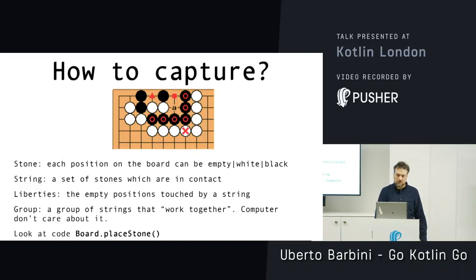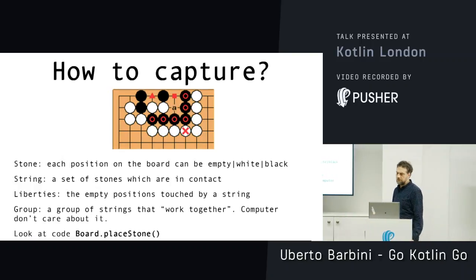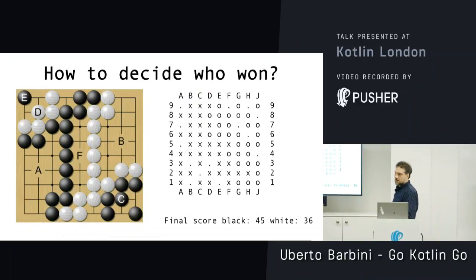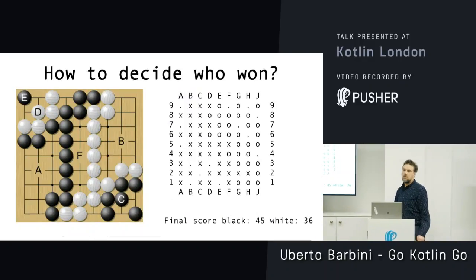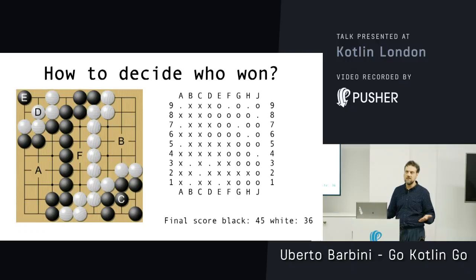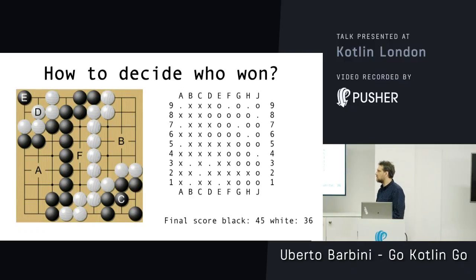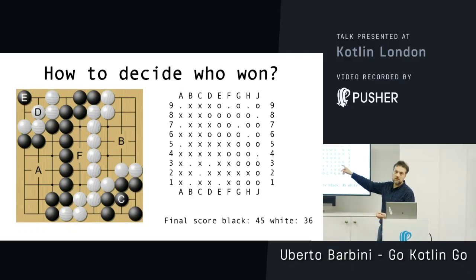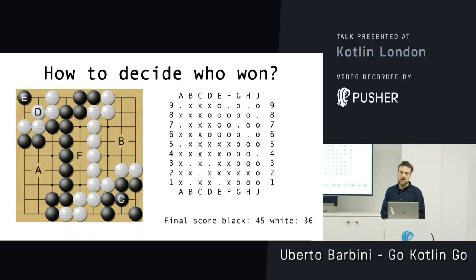Now, a strange problem with Go is deciding who wins. Because, I mean, in chess, the last one wins. It's very easy. Instead, in Go, it's absolutely not easy to understand who wins. I mean, for human players, basically they count the territory that they are surrounding.